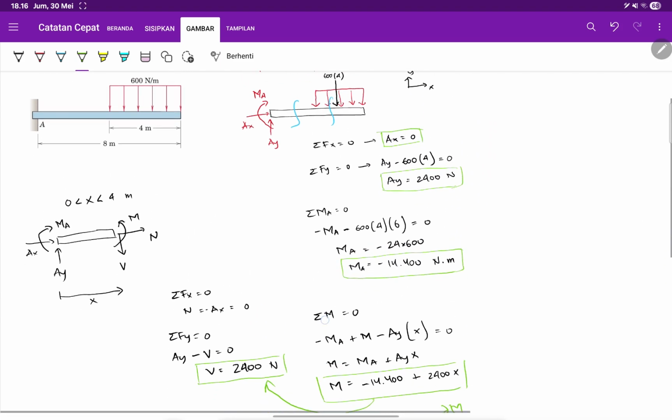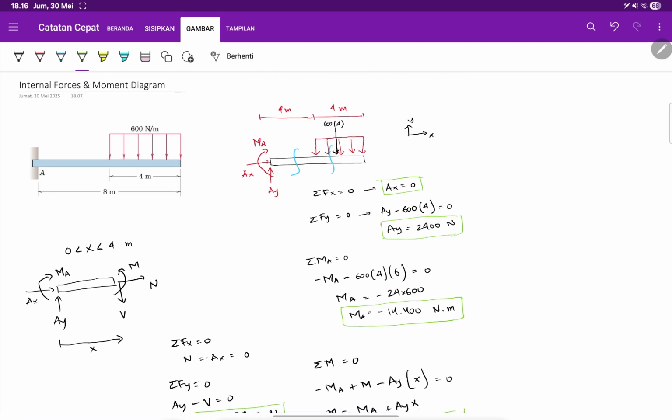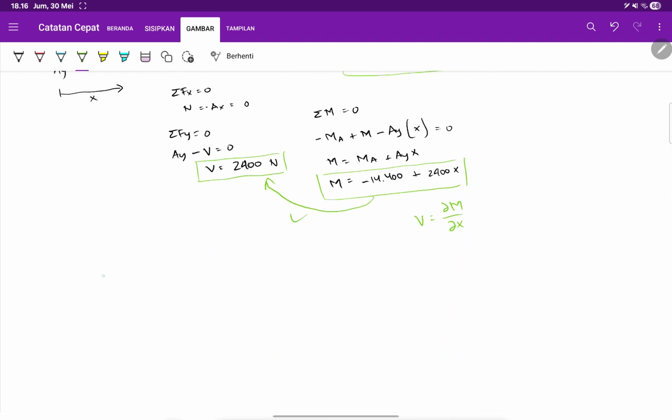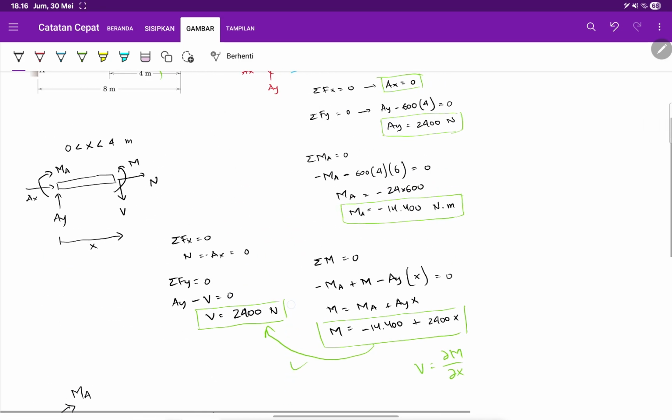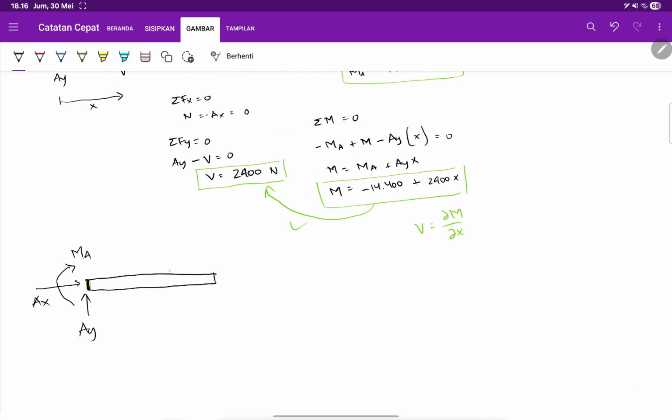Okay, and then let's do the second sectioning. Yeah, for the second sectioning, we make a section here. So let's draw it like this. You have AY, AX, MA, and then from here to here you have the distributed load, and from this distance to here, let's call it x.